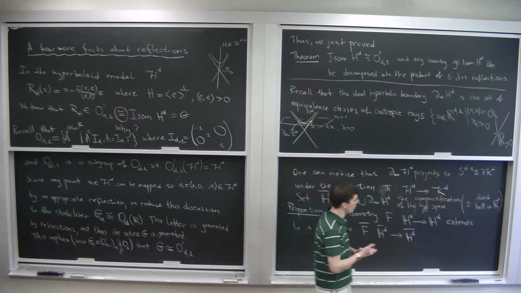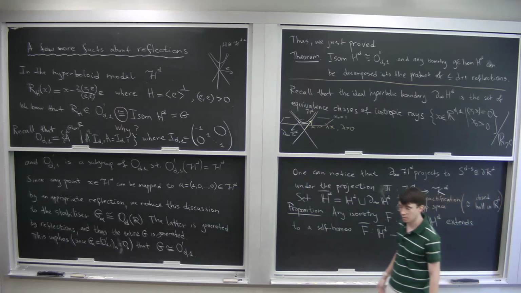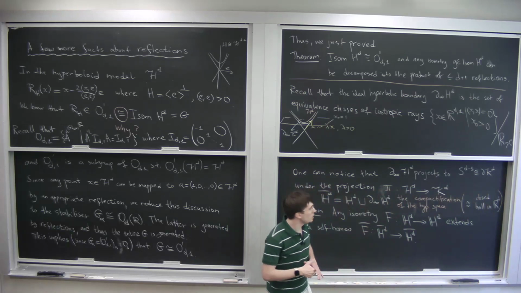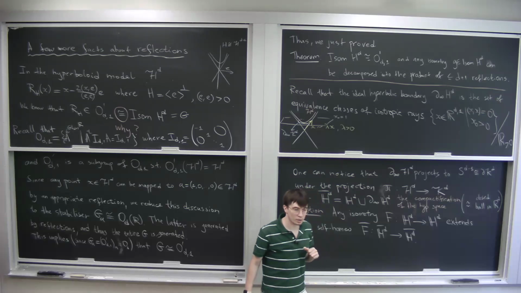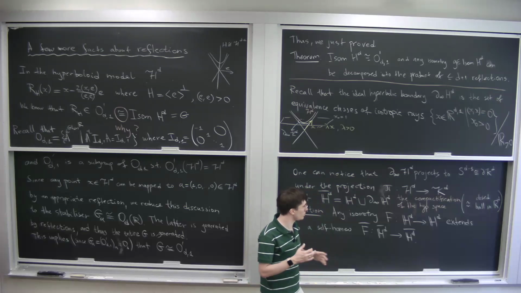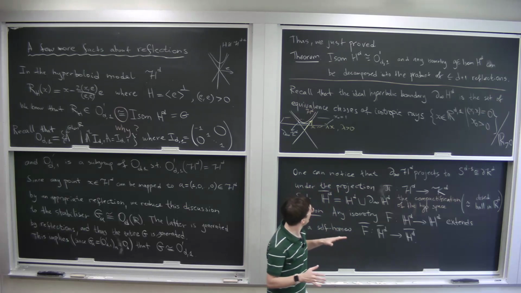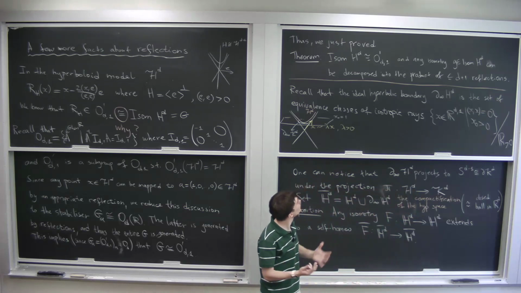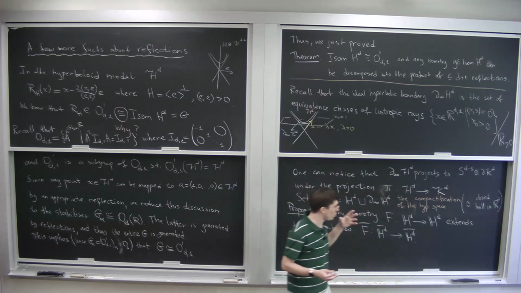In fact, I would say that probably the best way to see it is to look at this in one of the ball models, since any isometry is decomposed into the product of some number of reflections, and we see that these reflections intersect the boundary sphere also in some sphere.